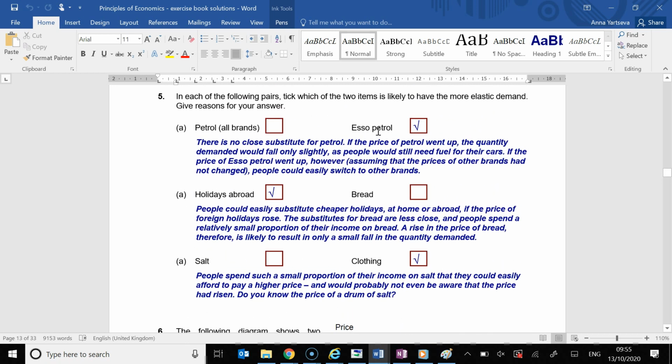Okay? And a similar question about salt and clothing, which is likely to have more elastic demand? It's clothing, because again you spend considerably more on clothing compared to salt. I personally don't know how much salt costs. I buy the whole large pack maybe once a year, and even if it doubles, I won't even remember this, simply because I won't remember what the original price was.